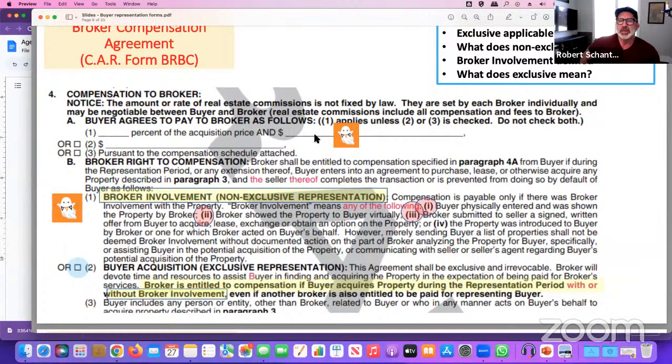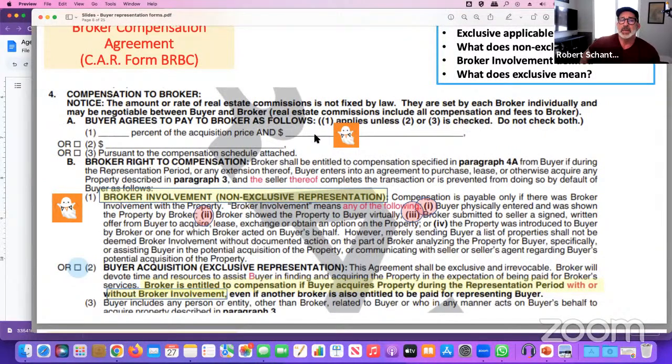Broker submitted to seller a signed written offer from buyer to acquire, lease, exchange, or obtain an option on the property, or the property was introduced to the buyer by broker or one for which broker acted on buyer's behalf. However, merely sending the buyer a list of properties shall not be deemed broker involvement without documented action on the part of the broker analyzing the property for the buyer.